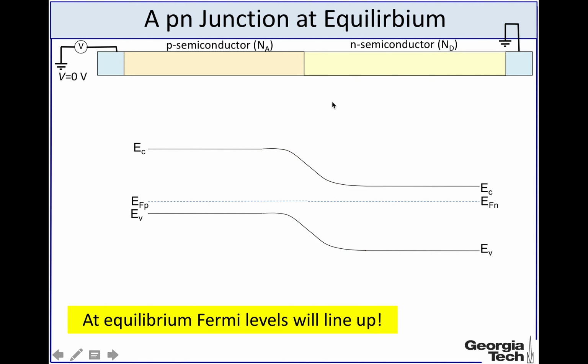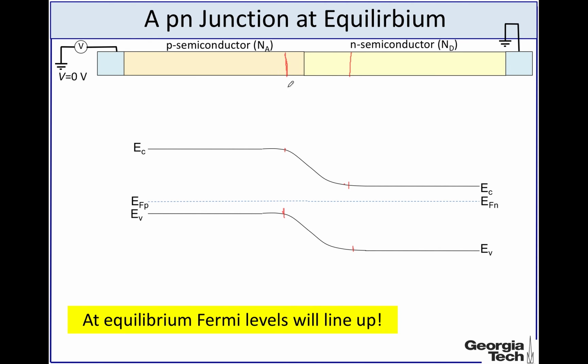So if we draw the band bending properly here, then we see that the band bending is happening in this region, the same for the conduction band and valence band. So the depletion region for this particular case will look something like this.